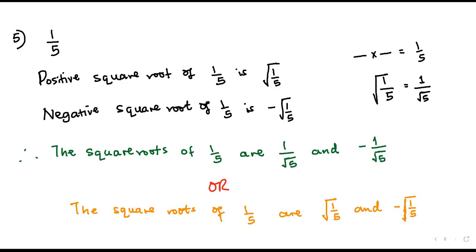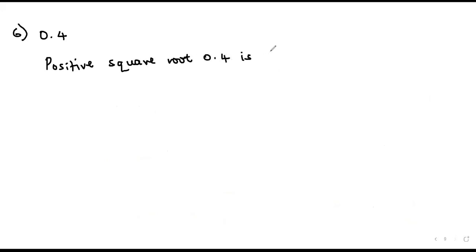All right, now we will get to number 6. For number 6, we have 0.4. And we know that the positive square root of 0.4 will be this one.